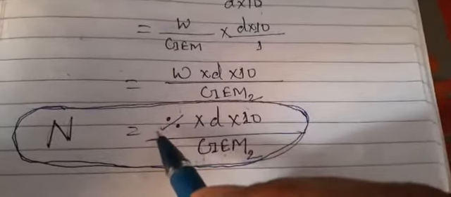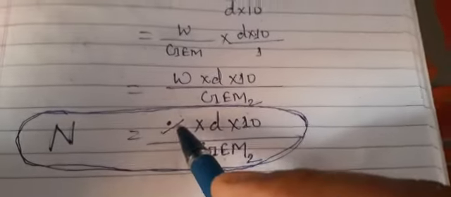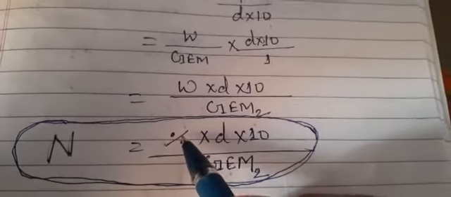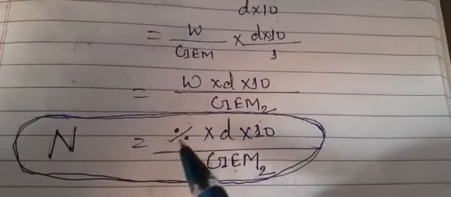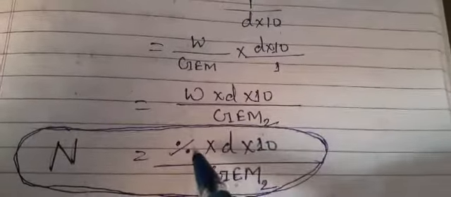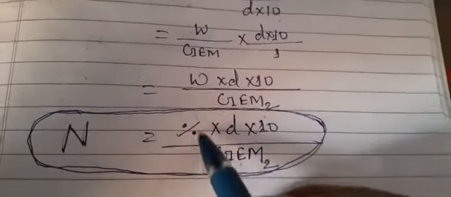Here W is a percentage expression. That's why instead of W we have mentioned percentage here. It means whatever the numerical value of the percentage is, you should mention it; you are not going to write the entire percent. If it is 4%, you write 4 only. If it is 16%, you write 16 only.